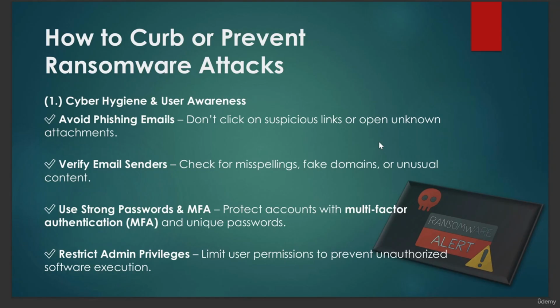Let's move on. Now, how to curb or prevent ransomware attacks? Number one, maintain good cyber hygiene and also user awareness. Under this, we have avoid phishing emails. Now, don't click on suspicious links or open unknown attachments. Whenever you receive a message, maybe an email attachment, you don't just go ahead to click on it.